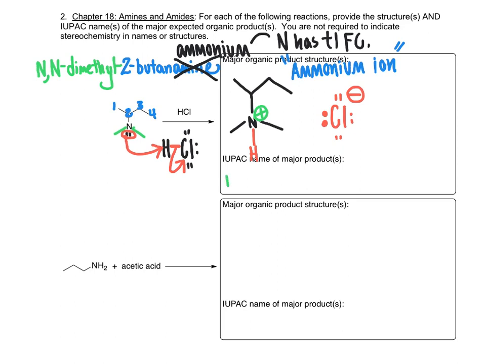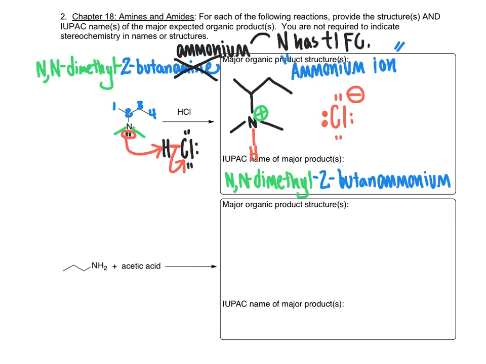So it's going to be N,N, we're not changing anything about the alkyl branches on this, N,N-dimethyl, and then 2-butan ammonium. And the ammonium is your indication there that the nitrogen needs to have a positive formal charge due to the fact that it has picked up that proton that we show in red.